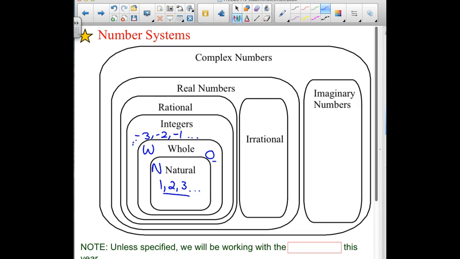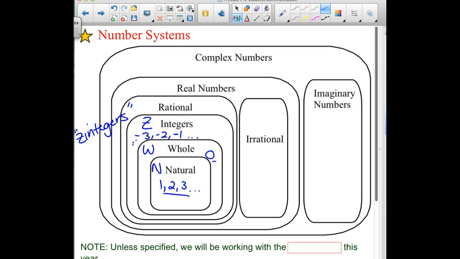So our integers are all our positive and negative counting numbers. We use a Z for this, which can get a little confusing. So I want you to think of it as "zintegers" to help you remember that Z represents the set of integers.